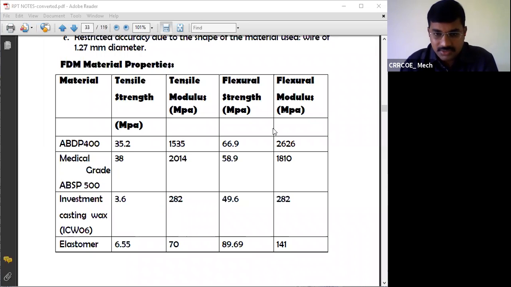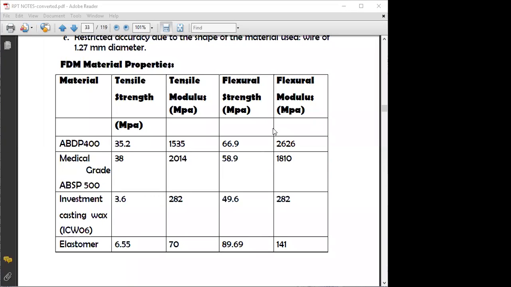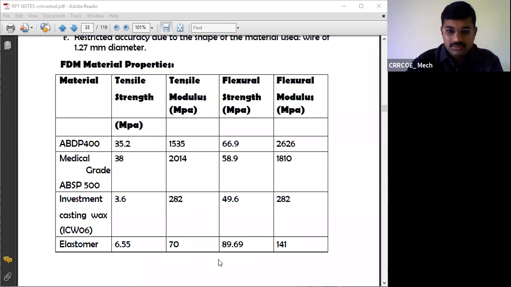Flexural strength means bending strength, bending related. If we apply a transverse load, the component bears it through its flexural strength or bending strength. Then bending modulus, the last one. All these values they have given.